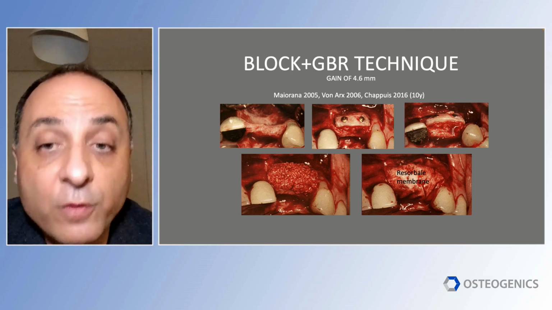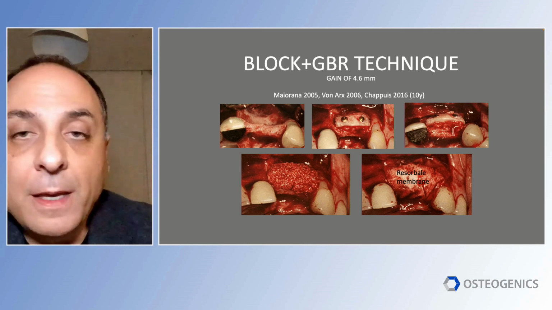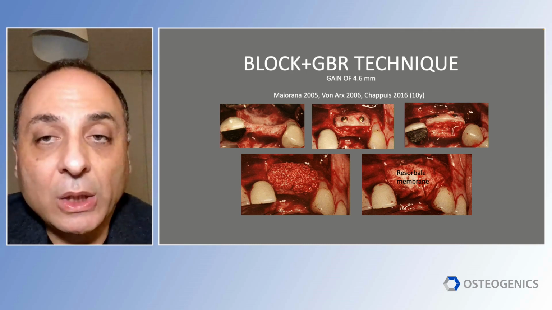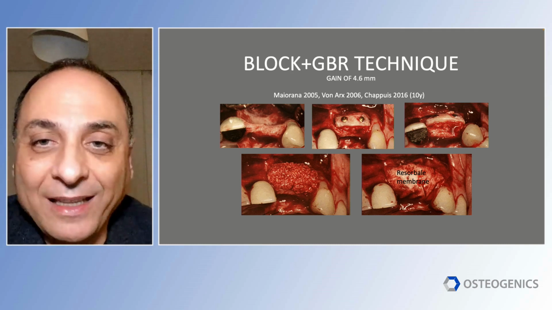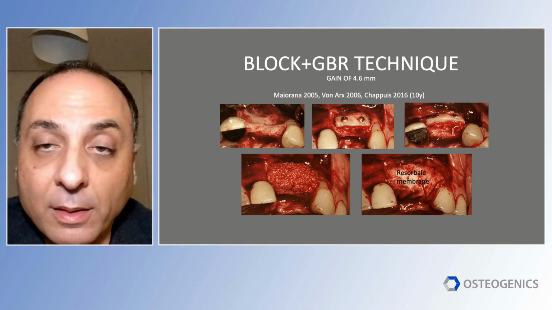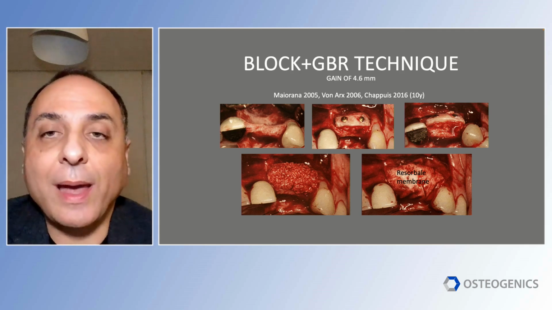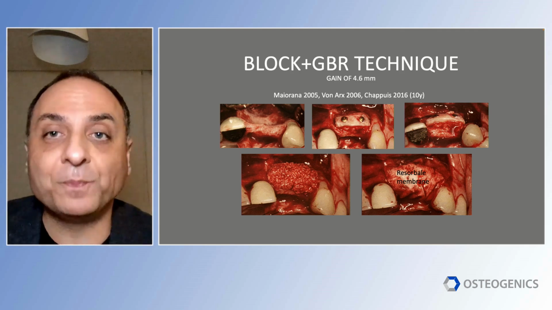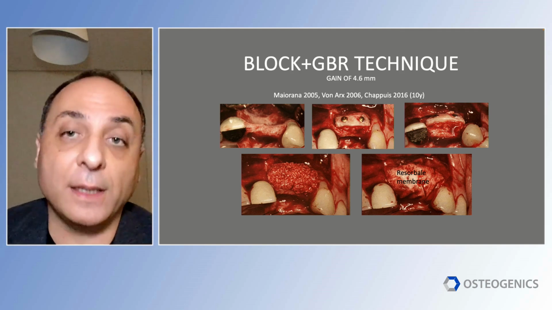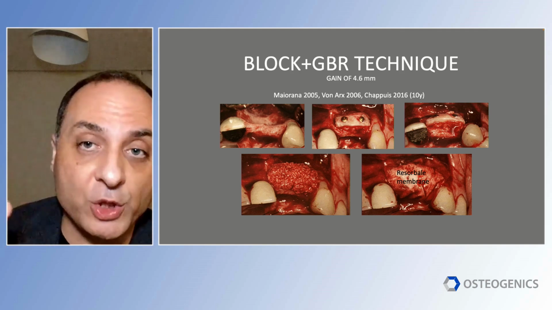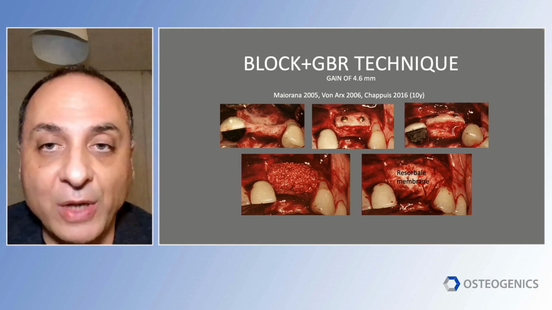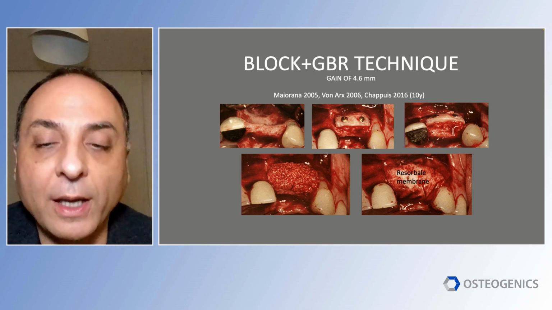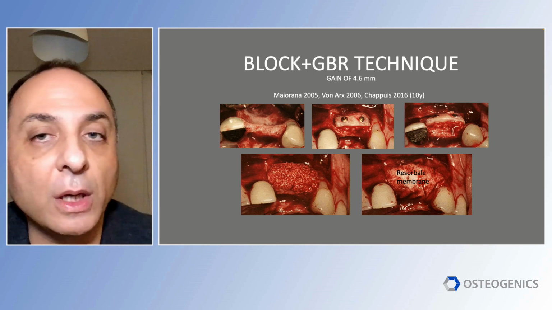But according to the philosophy of this group, they use a non-cross-linked collagen membrane, so a native collagen membrane like Geistlich, for example. And they believe that because the collagen is flimsy, has no structure, you need to put underneath this collagen membrane something rigid to give it structure and strength. So they put a block, and on top of the block, they do their GBR.